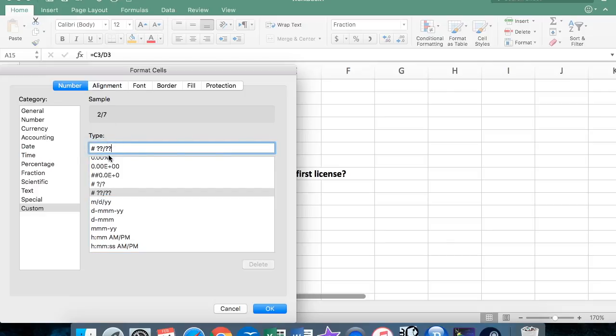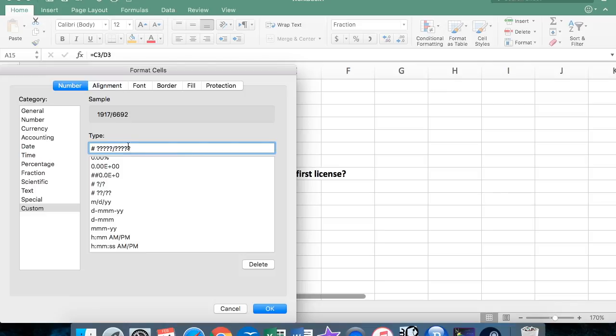Click on this type bar and you can type in question marks. The more question marks you type, the more digits it's going to show. As you can see right here, it's showing me my correct fraction, the entire fraction in its most reduced form.